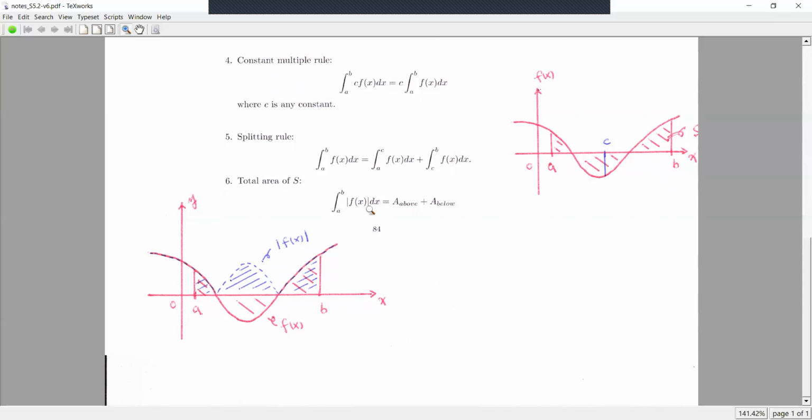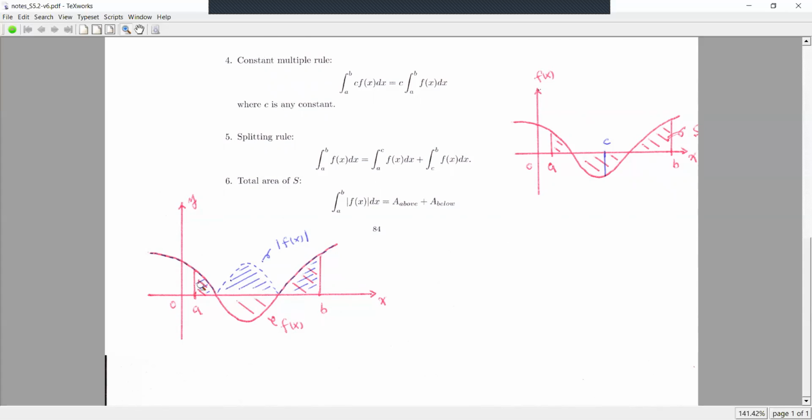This integral is the net area of the blue shaded region. The blue shaded region has no part below the x-axis. All the shaded region lies above the x-axis. So this integral is the total area of the region S.